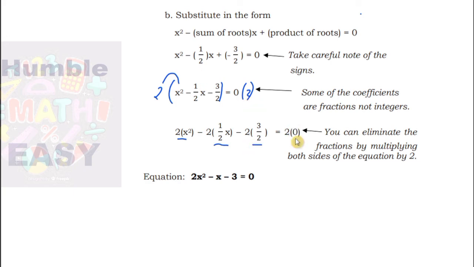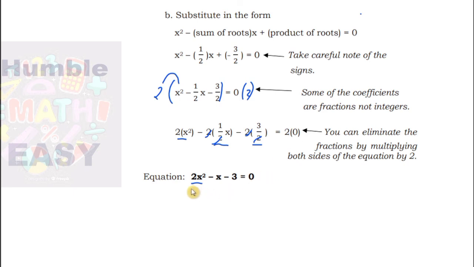Now, 2 times x squared is 2x squared, negative 2 times 1 half, cancel the 2, so we come up with negative x as the remaining value. Then negative 2 times 3 halves, cancel it, so negative 3, which is equal to 0 because 2 times 0 is 0.